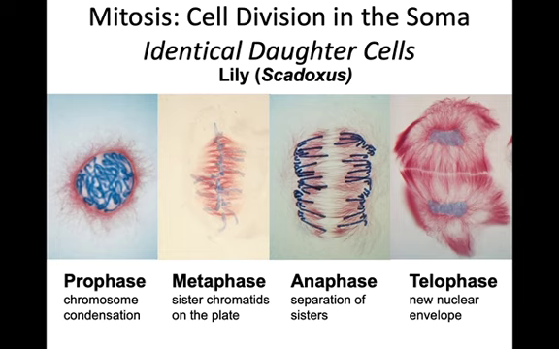Metaphase occurs when the sister chromatids are on the plate. The reason there are sister chromatids is because DNA replication has occurred prior to these events, so the sister chromatids come from replicated DNA. Then anaphase, in which those sisters split apart, and telophase occurs when a new nuclear envelope is established.